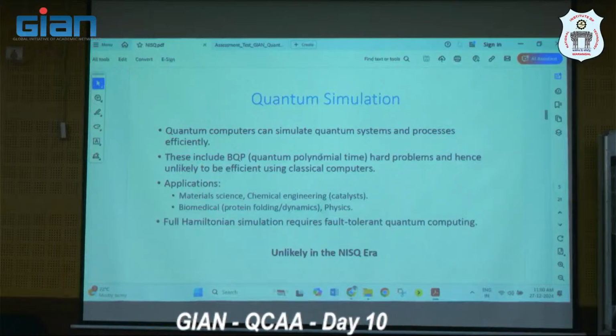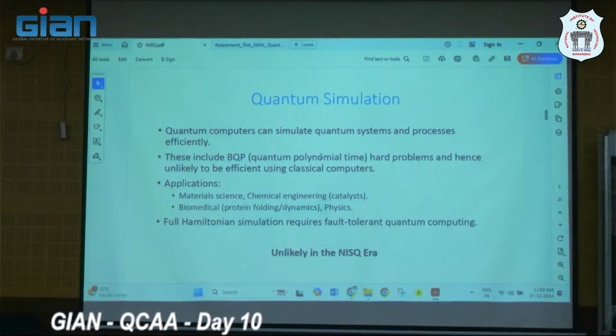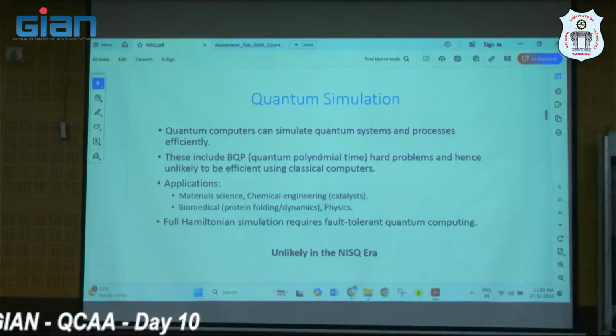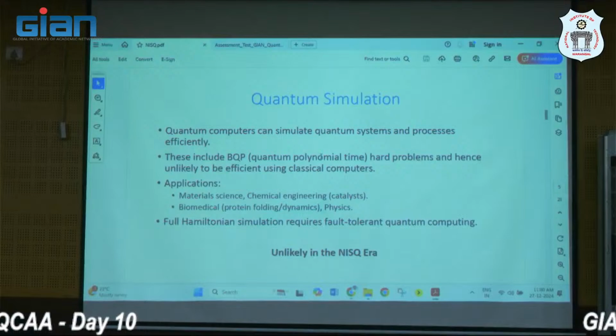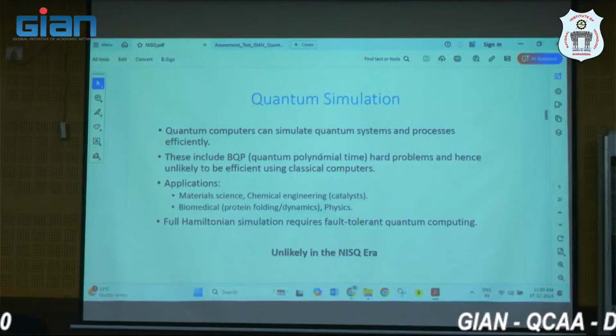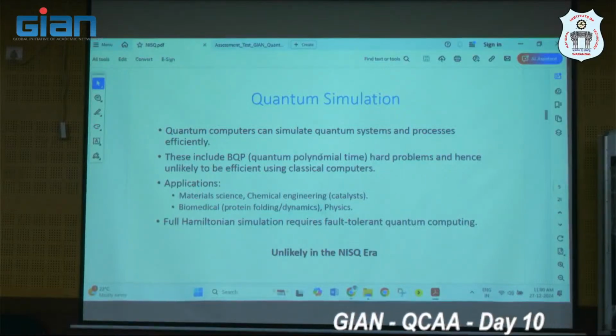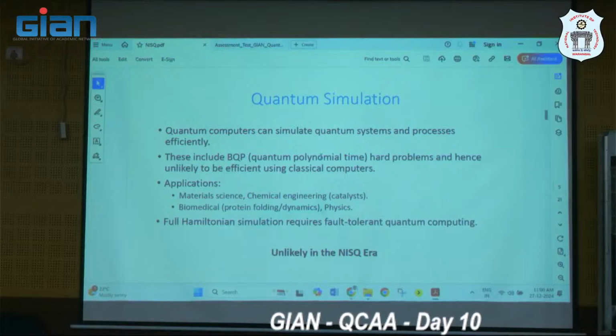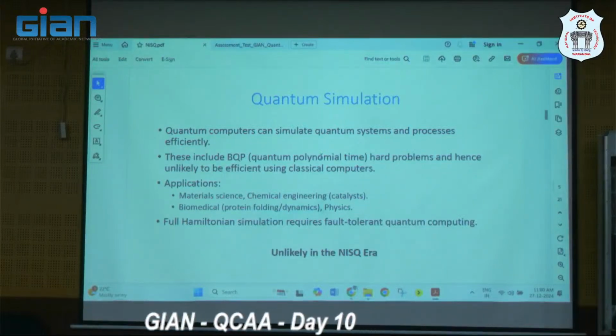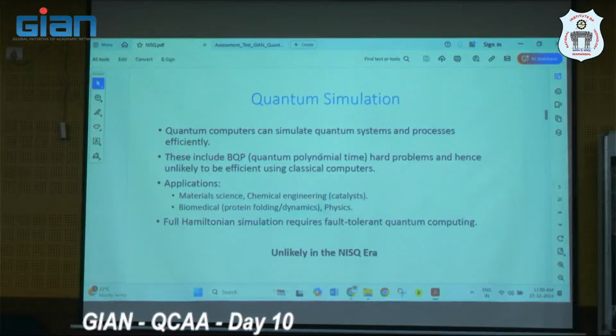Now, as I said, many of the applications of this kind of simulation of quantum systems are in the study of material sciences, right? How do materials evolve under various conditions? Study of chemical engineering, catalysts, how do chemicals evolve under different conditions? Study of biomedical, correct? Protein folding, dynamics, drugs, etc. Many questions in physics involve simulation of physical systems. So they have wide-ranging applications.